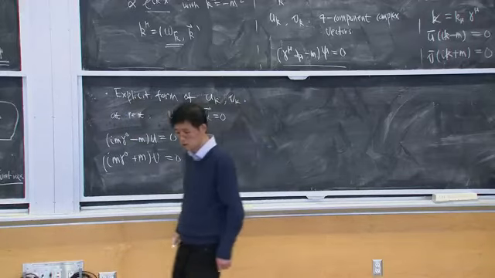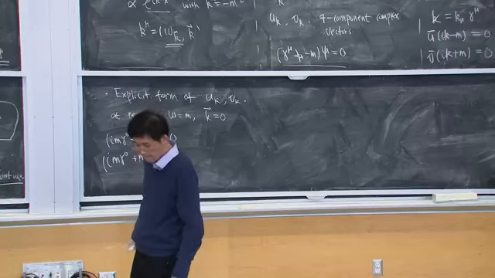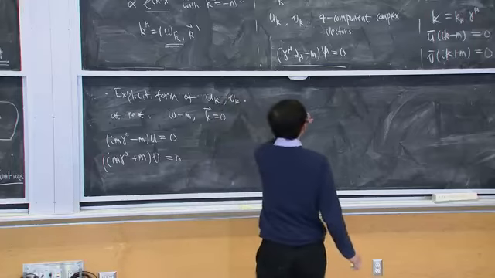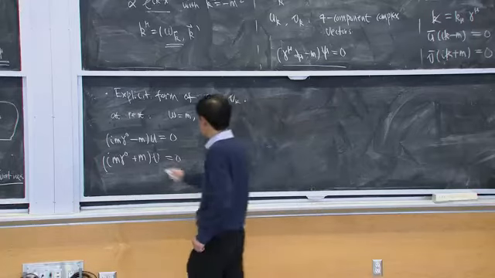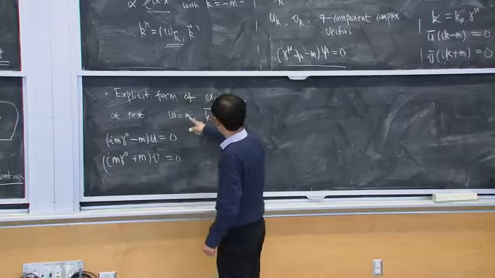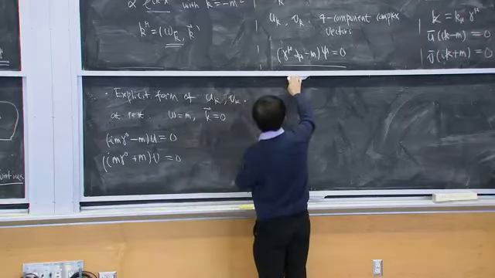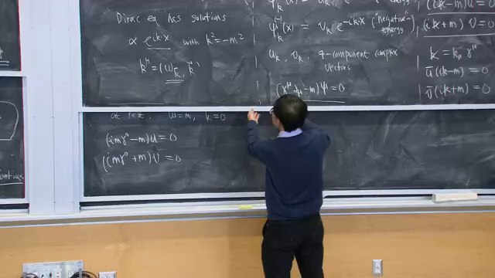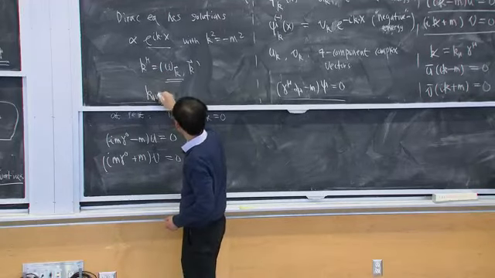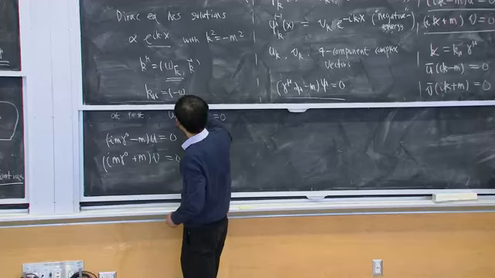Oh yeah, sorry, I should have a minus sign here. If k with the upper index equals omega, then k with the lower index equals minus omega.